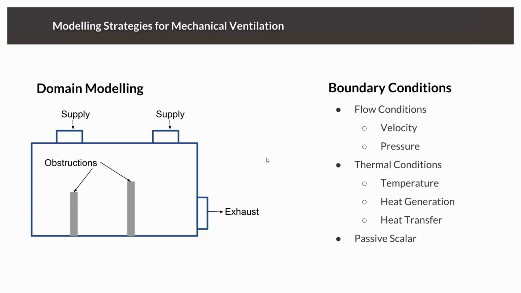And for modeling contamination, we can use passive scalar boundary conditions, which means, for example, at the inlet, we can define with a dimensionless number between 0 and 1 how the concentration of the contaminant is inside the fresh air. And we can also define it for the whole domain as a kind of initial condition.